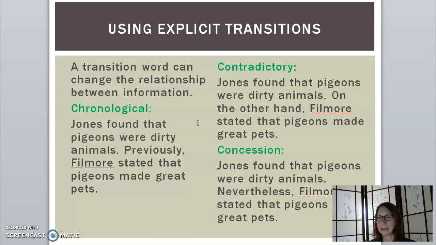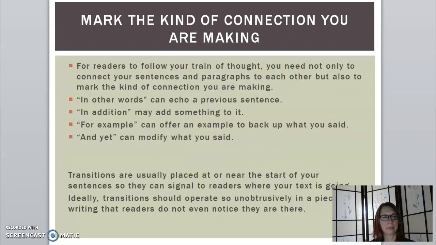And the third uses nevertheless as a concession. So you can see that by changing even that one transitional word, it can change the meaning and the way you're connecting the ideas. These are signaling readers as to your meaning, so it's important that you choose the right transitional words.